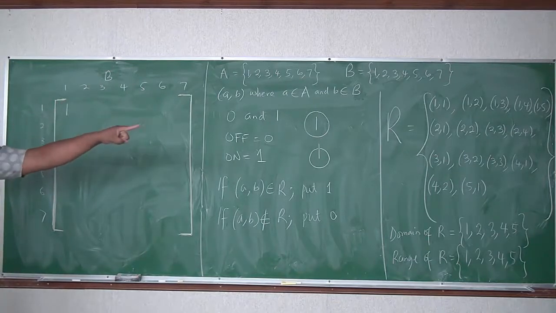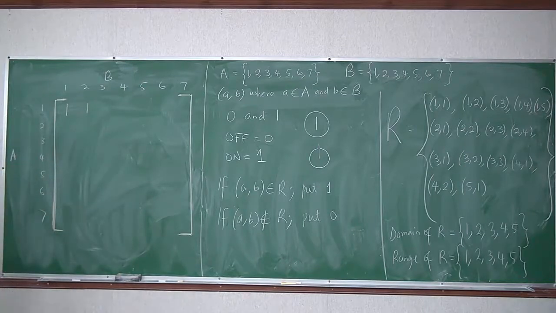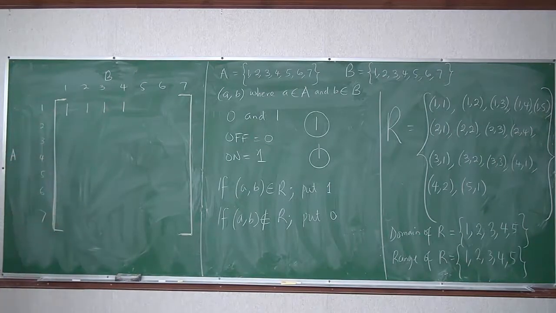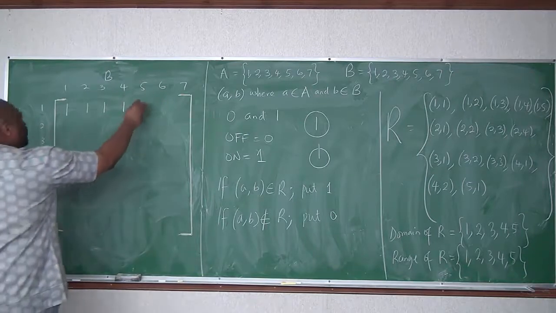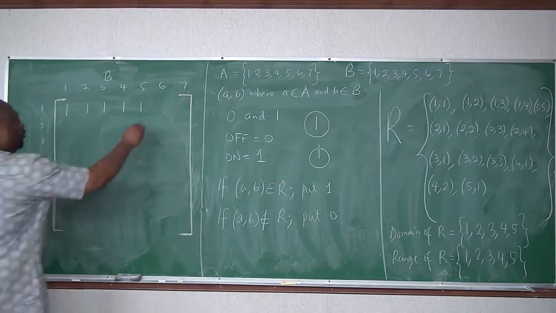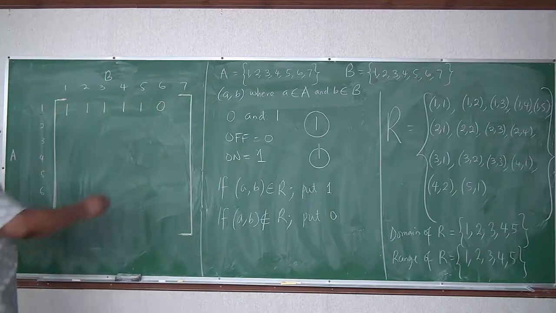(1, 2) is in the relation, yes, we put 1. (1, 3) is in the relation, we put 1. (1, 4) is in the relation, we put 1. (1, 5) is in the relation, we put 1. (1, 6) is not in the relation, we put 0. (1, 7) is not in the relation, we put 0.